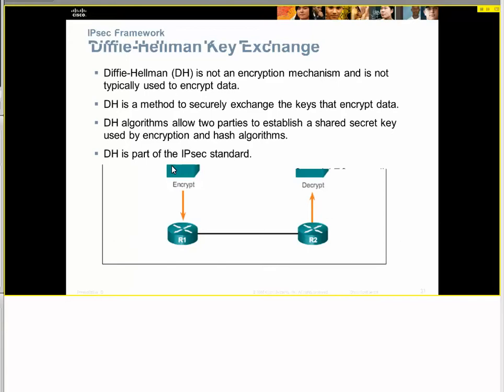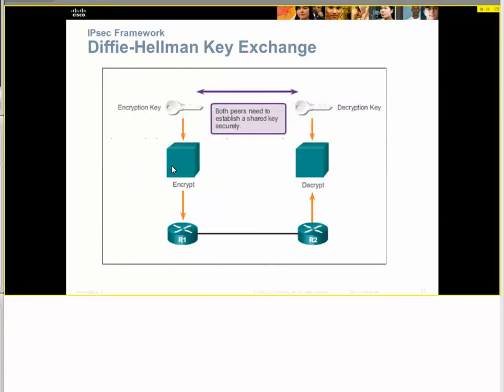This is kind of an illustration of what happens during the key exchange. So what we do is, for Diffie-Hellman, we both have to get each other's. We create a public-private key pair. Now, there's a lot of ways to do that, and you're going to see that in the example in the book. But we're going to create a public key pair. So router 1 will get router 2's public key. Router 2 will get router 1's public key. And now they both have an encryption and decryption key. I will have the encryption key for router 2.